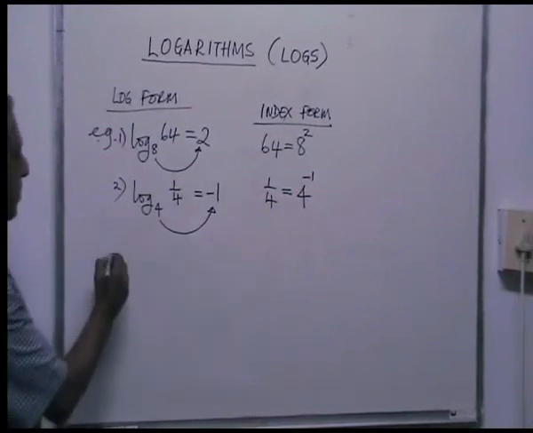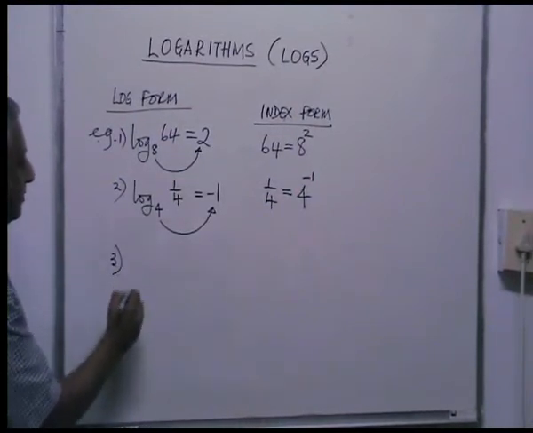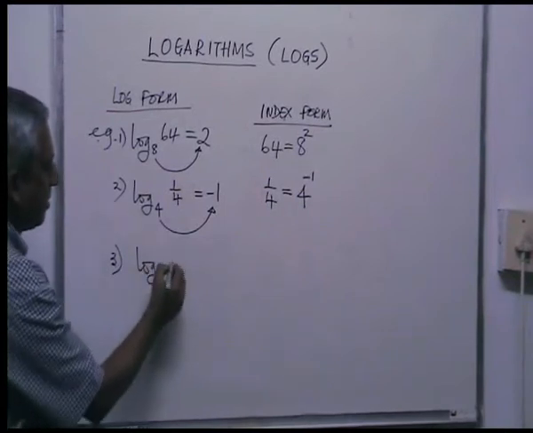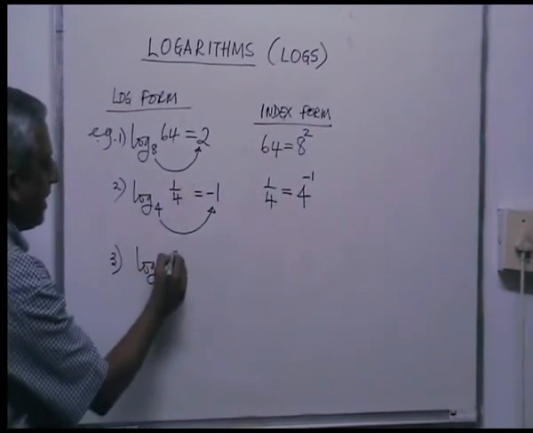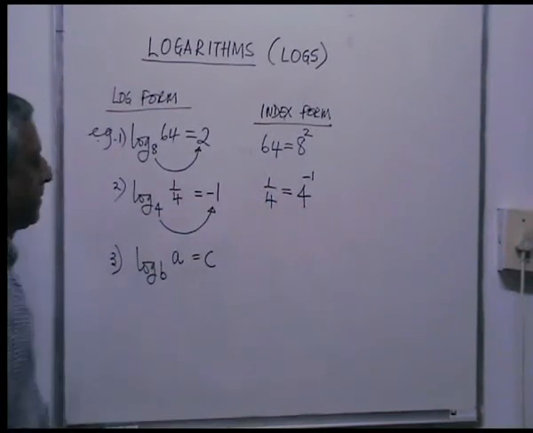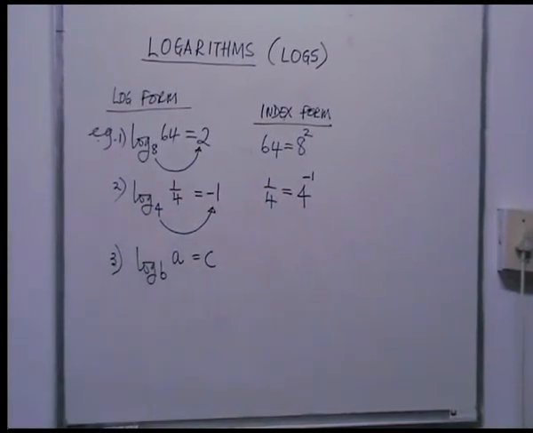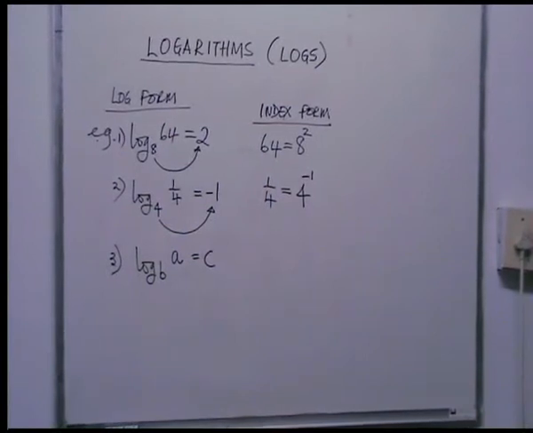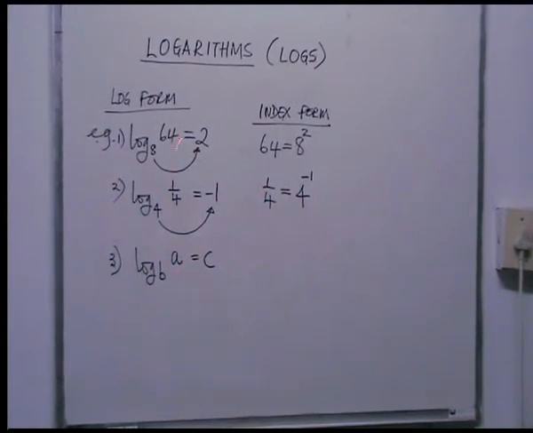Alright, let's just do one more example. Let's put some letters in it. Let's say the log of A to the base B is equal to C. When you're studying logs or when you're studying maths at any time, always work with numbers and then move on to letters. You start with numbers for good understanding and then you move on to letters.